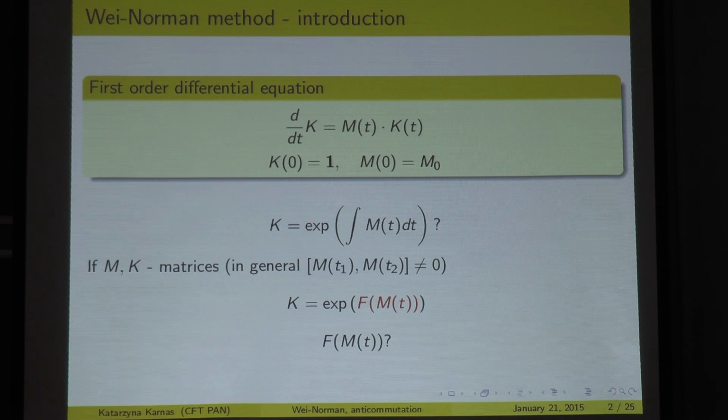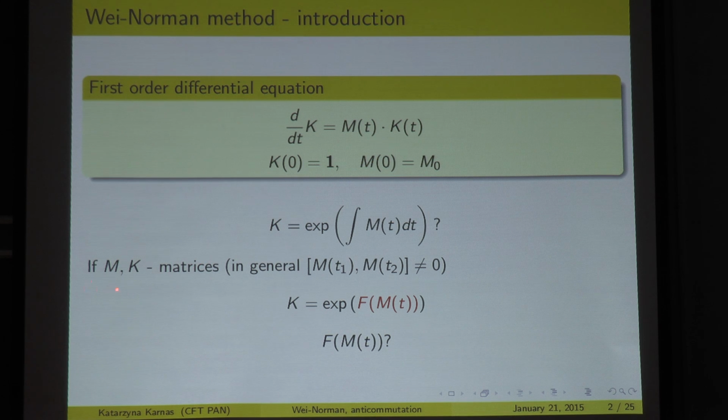So let us begin with the general problem. We have the first order differential equation with some given initial conditions. At first sight, the solution seems to be obvious, given by this formula.